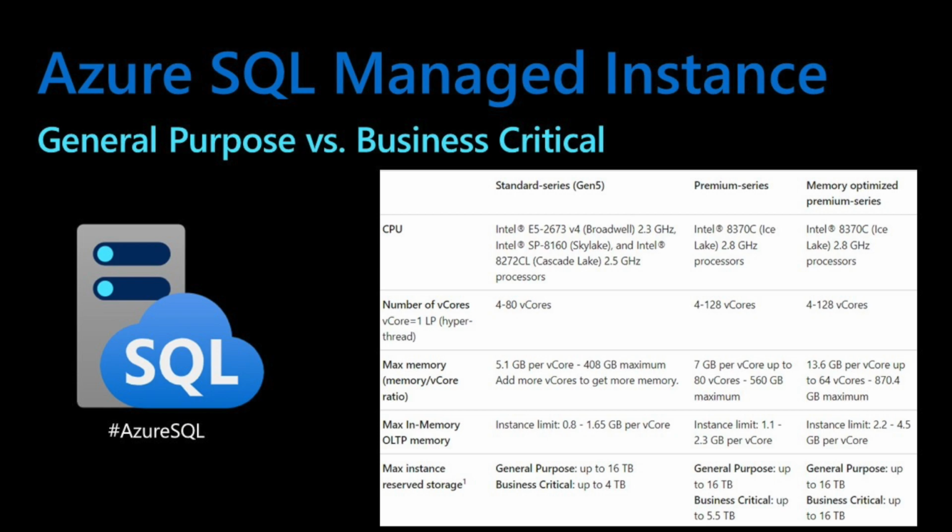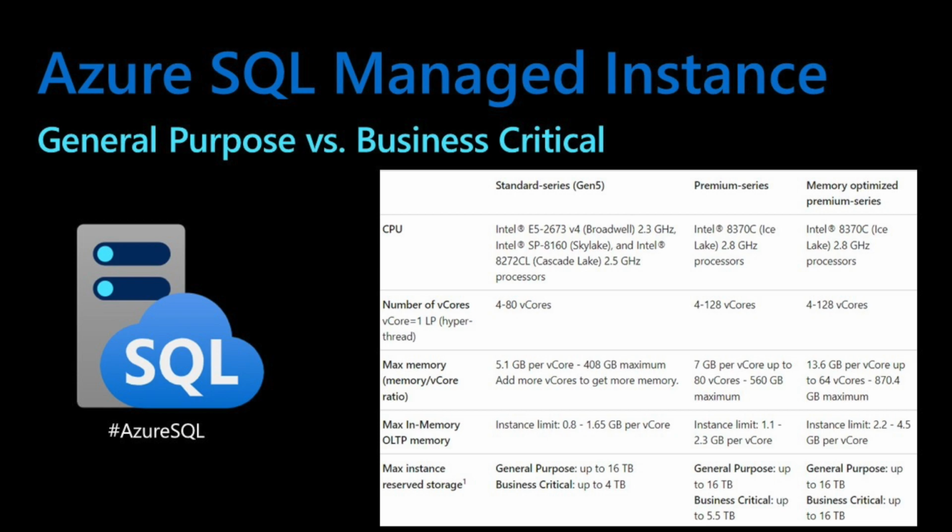Now, if you were to go with general purpose and memory optimized hardware, you can only go up to 64 vCores in that particular option. I'll go out to the Azure portal so you can see these options. But the business critical tier, for the premium series hardware and the memory optimized hardware, is each going to allow you to scale up to 128 vCores.